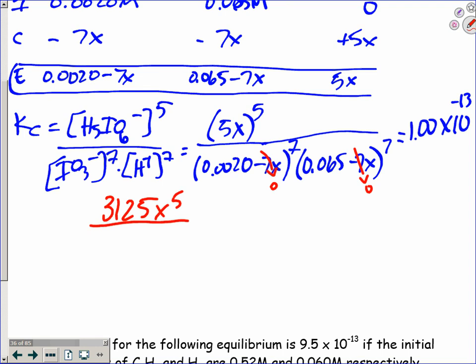I need a denominator when you guys are ready. Ready when you are? Times 10 to the negative 28th, very good. Equals 1.00 times 10 to the negative 13th.